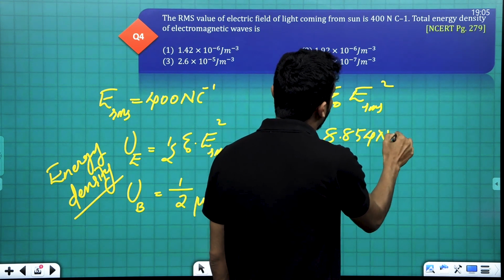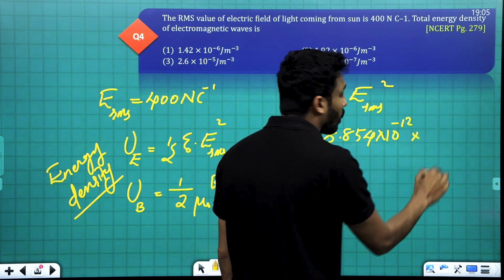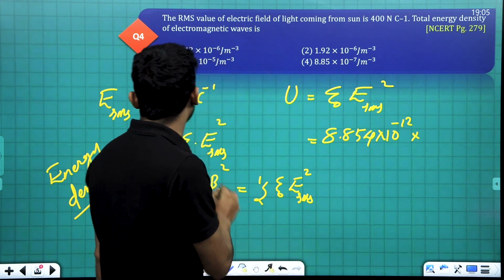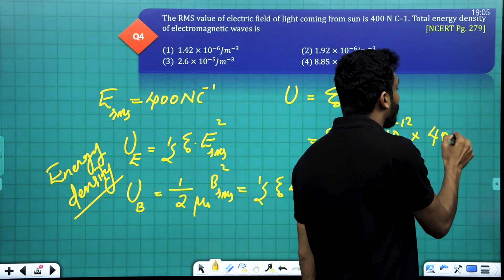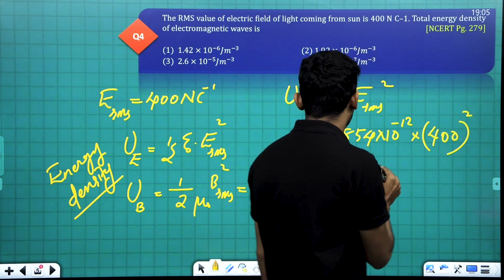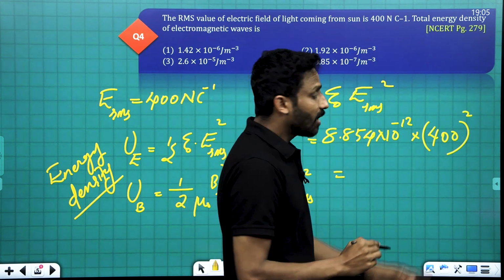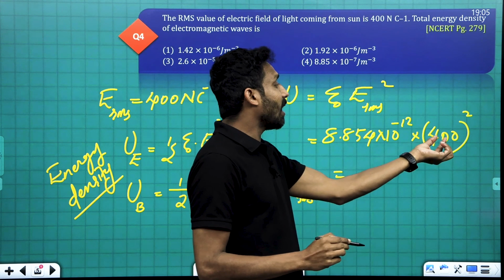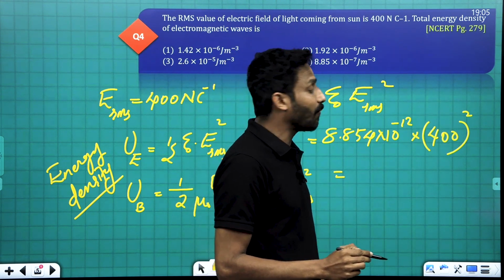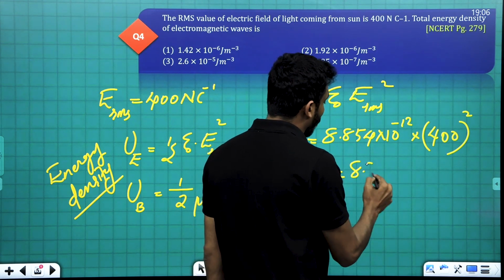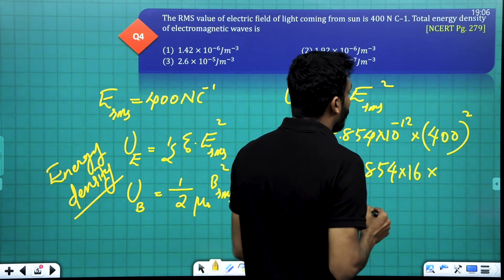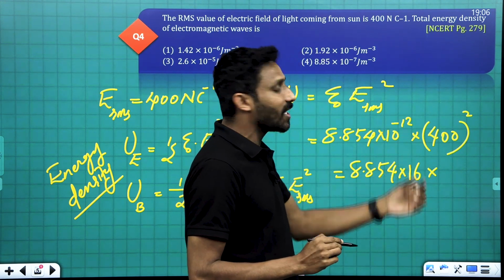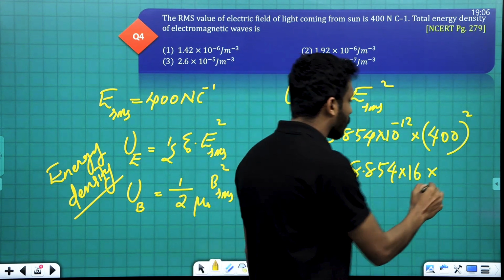This is equal to 8.854 into 10 to the power minus 12 into E RMS value 400 square. Clear? 4 square is 16. 10 power 2 whole square is 10 power 4. So it is 8.854 into 16 into 10 power 4 into 10 power minus 12, which is 10 power minus 8.